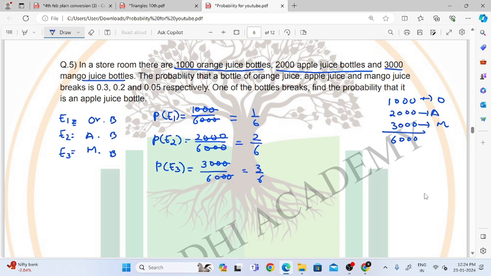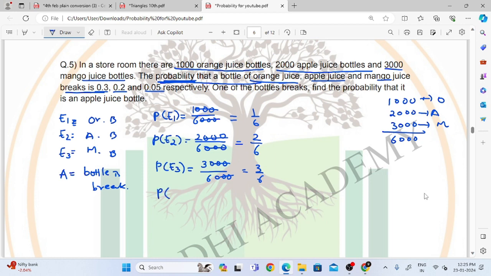Then what is given? The probability that a bottle of orange juice, apple juice and mango juice breaks. So let's define another event called A, that the bottle is broken. It is given that the probability that an orange juice, apple juice and mango juice bottle breaks is 0.3, 0.2 and 0.05.